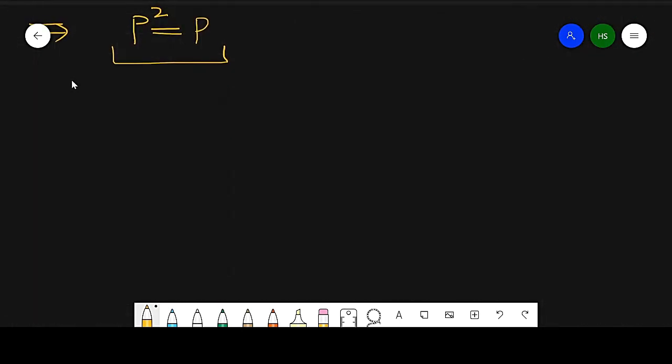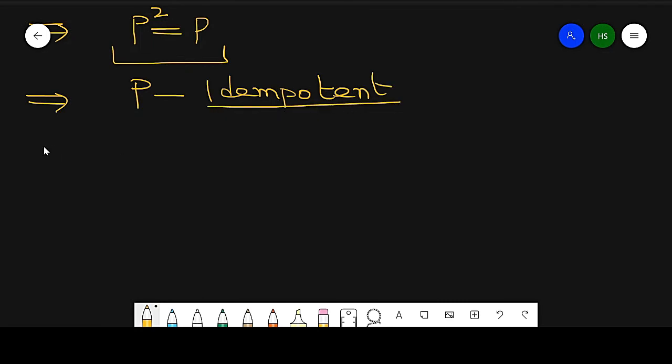So if P square is equal to P, it means this P is an idempotent, so no need to prove. After that, we need to prove it is continuous.